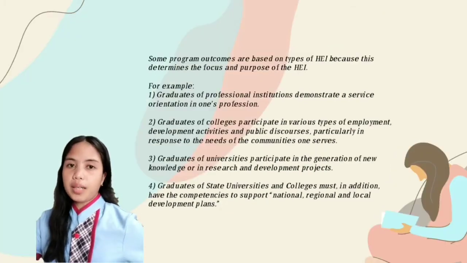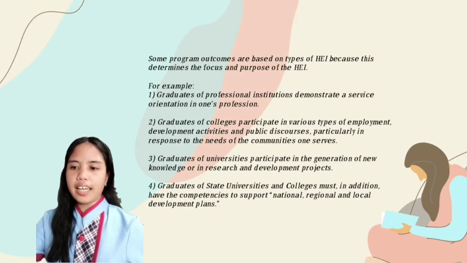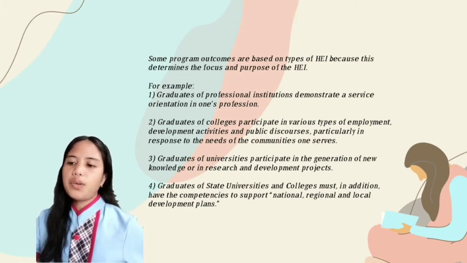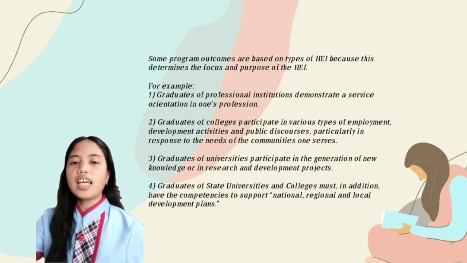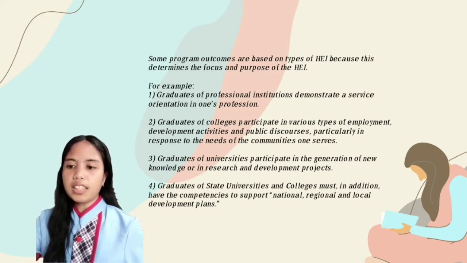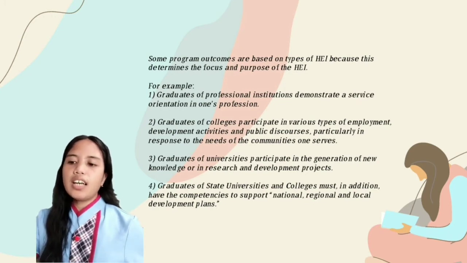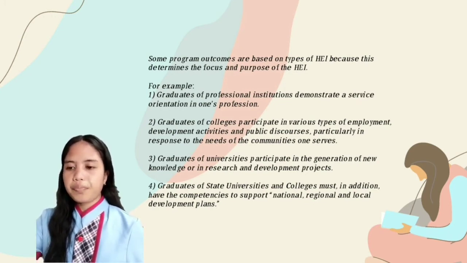Some program outcomes are based on types of HEI because this determines the purpose and focus of the HEI. For instance, graduates of professional institutions demonstrate a service orientation in one's profession. Graduates of colleges participate in various types of employment, development activities, and public discourses, particularly in response to the needs of the communities that one serves.